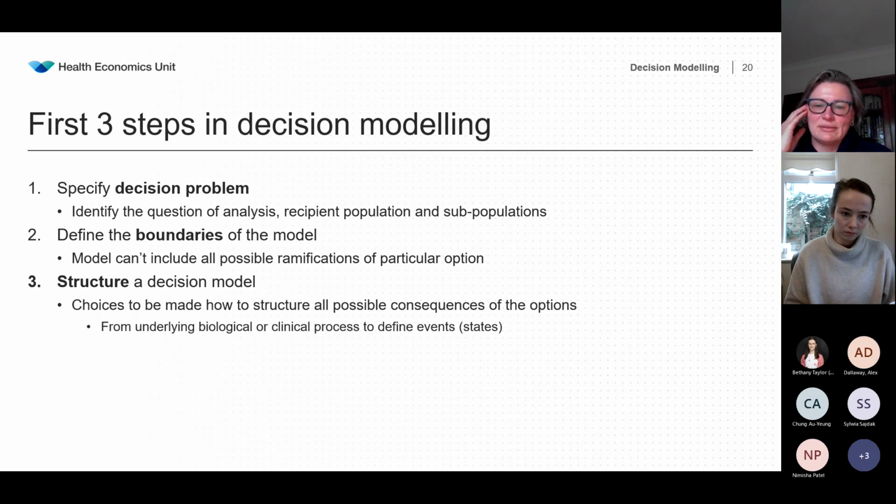So if you're thinking about, say, diagnostic strategy for a particular cancer, you may want to create a decision tree that will incorporate both the prevalence and also, if you're looking at a medical technology, some diagnostic accuracy of that technology. So I will stop presenting now, and I will pass on to Heather, who will highlight this in more detail.